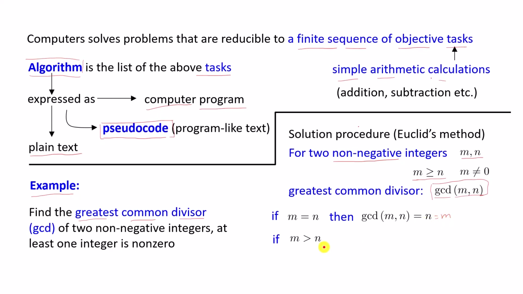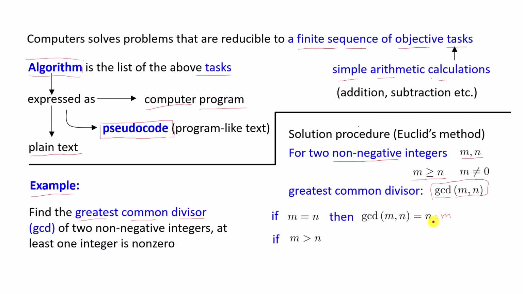However, if m is greater than n, then what happens? That is the main question here. But we have to be very specific and we have to go through all the steps. That is why we are writing that m equals n.